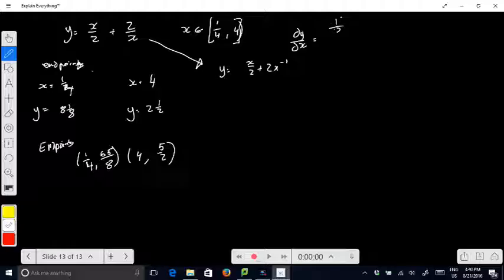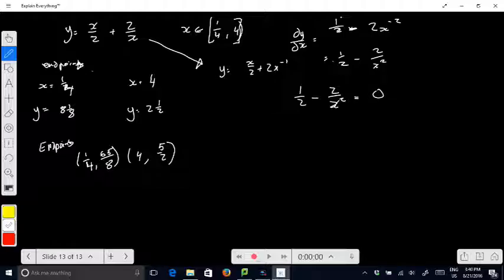So we get 1 over 2 take away 2x to the minus 2 for our derivative. And when does that equal 0? So I say 1/2 take 2 over x squared is equal to 0.